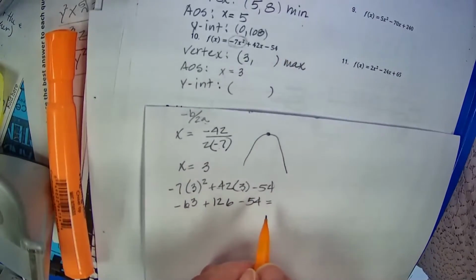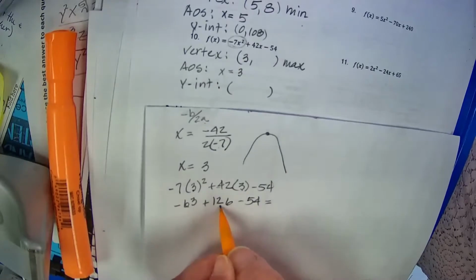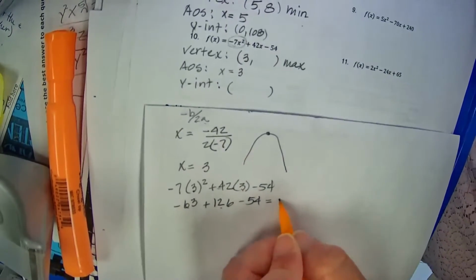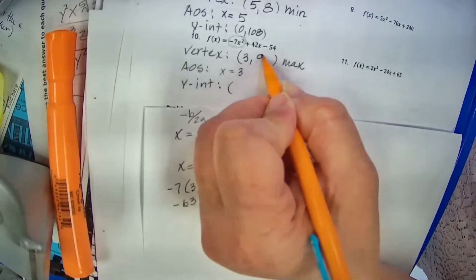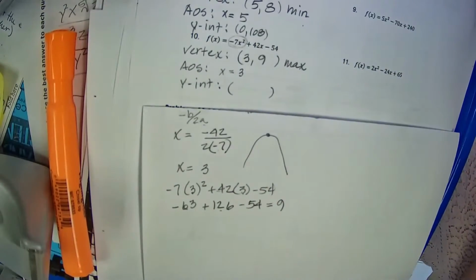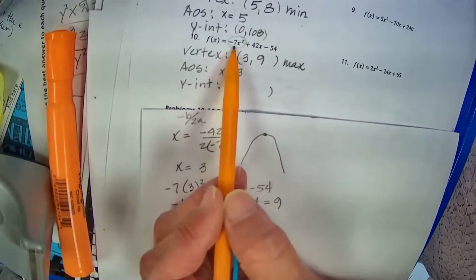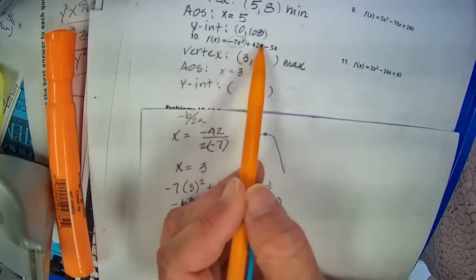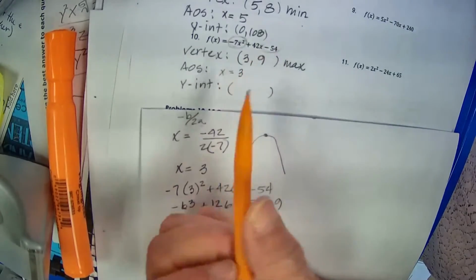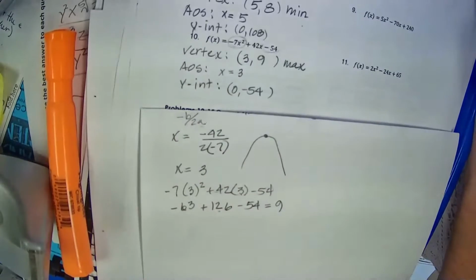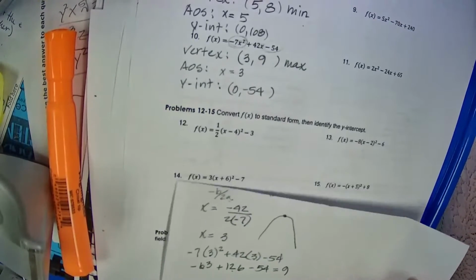So negative 63 plus 126 minus 54 is 9. That's it. Now, when we plug in 0 for x to get our y-intercept, the x squared goes away, the x goes away, and we're left with 0 and negative 54.